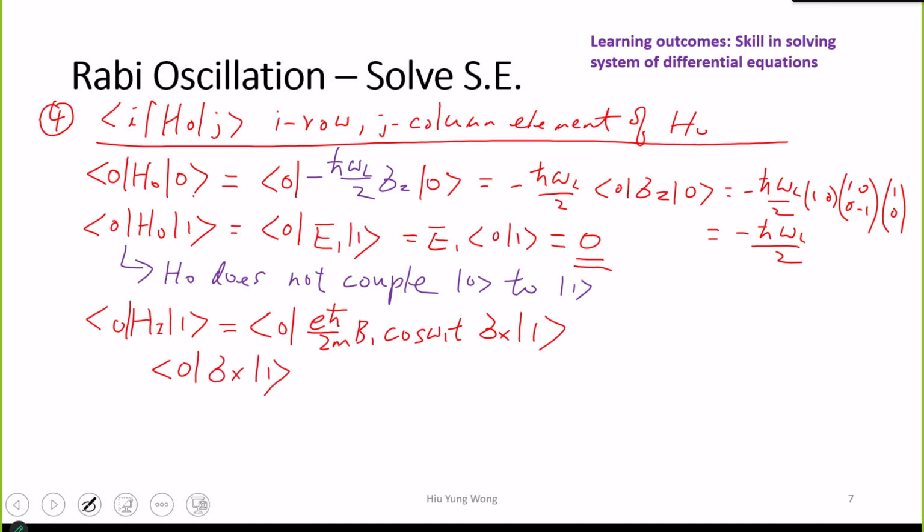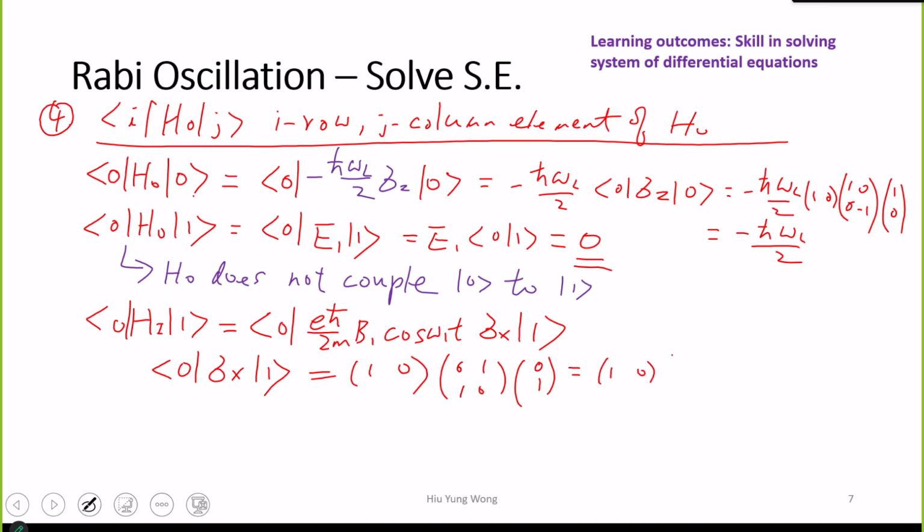What is this? Let's just go through the matrix. This is (1, 0) because it's |0⟩. And what is the matrix for sigma x? (0, 1; 1, 0). And then what is the vector for |1⟩? (0, 1), right? You go through the math.